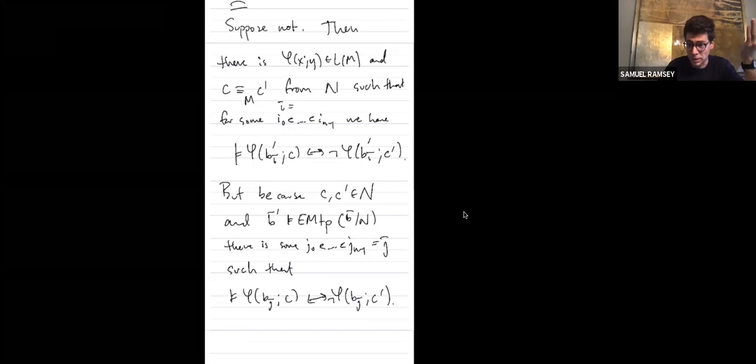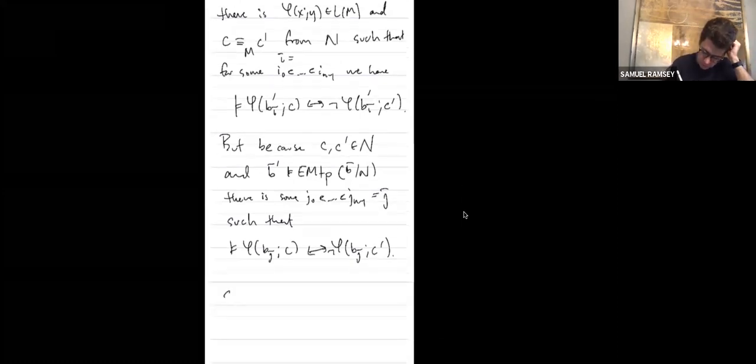So what does that mean? That means that our original sequence wasn't realizing an invariant type. So if I look at type of B bar over N, that is not M invariant.